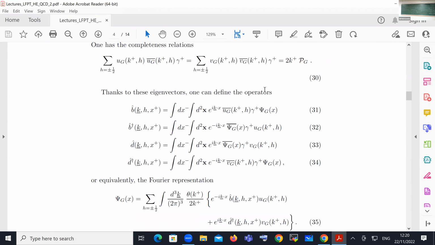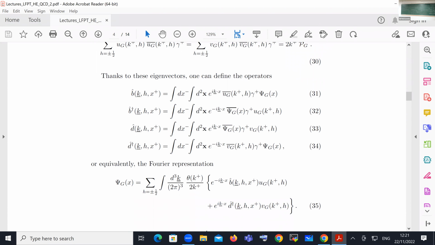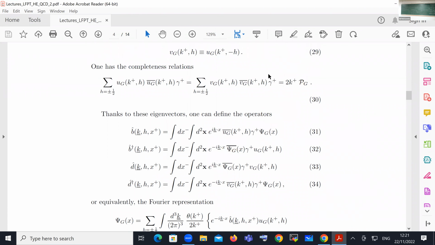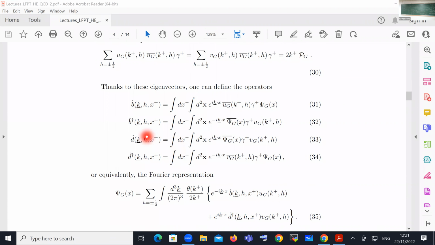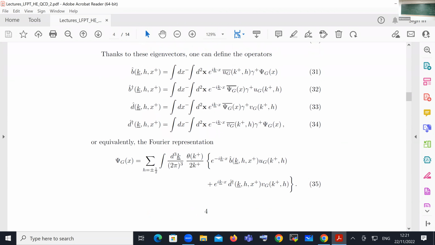Okay, fine. This is technical, but with this I can define this b dagger, d dagger operator by just Fourier transforming along the minus and perp directions and applying this thing to further project the psi good field. We can invert that as well, and then the psi good component can be written in such a decomposition.